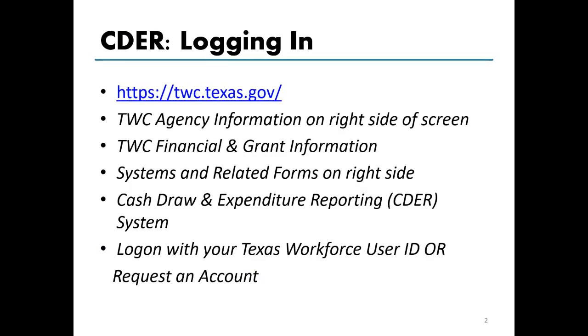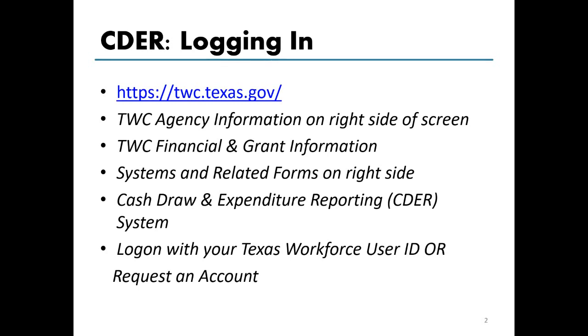Starting with the basics, in order to log in to the cash draw and expenditure reporting system, you'll have to go to our website at twc.texas.gov. At the right-hand side of the screen, you'll see a TWC agency information box. And if you follow the steps on the slide here, going to system and related forms, again on the right side, you'll see a link to the cash draw and expenditure reporting system.